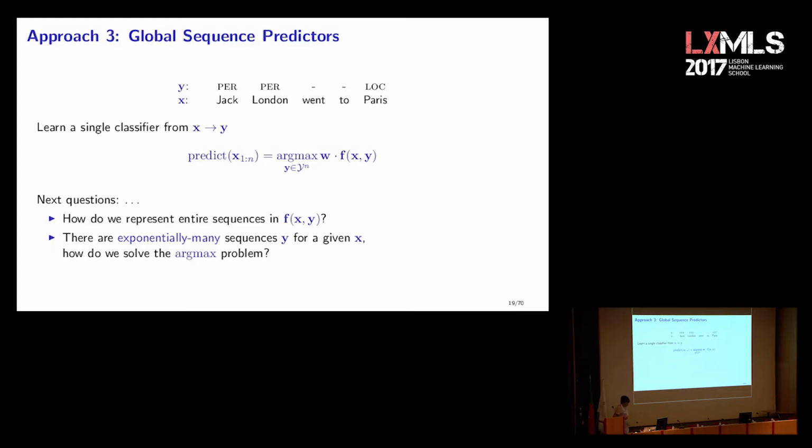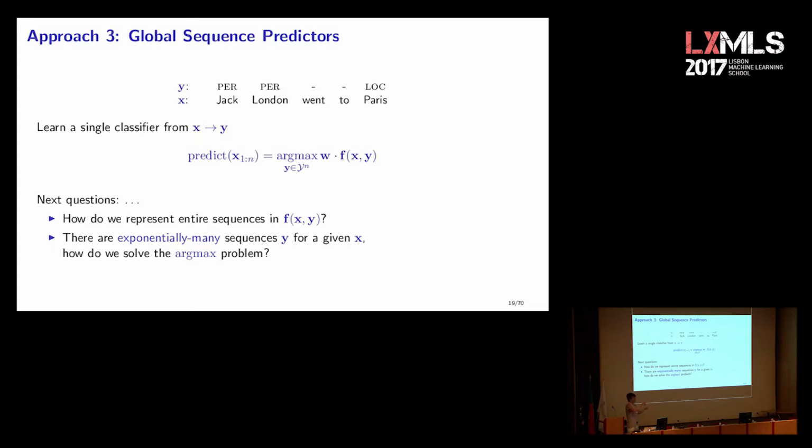So we're going to solve this, but there are two problems that need attention, and they are related. The first is that we have to revisit the feature function so that we can encode full sequences. A priori it's not clear how to encode them. Recall that our sequences are of arbitrary length.